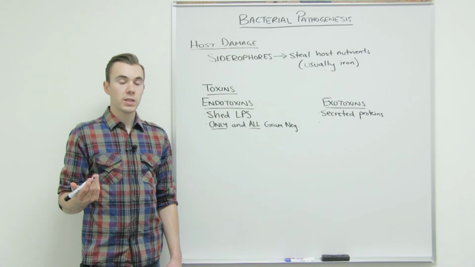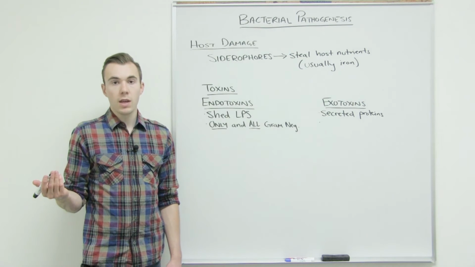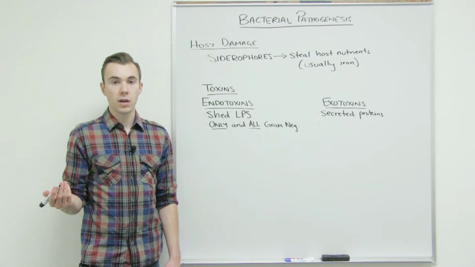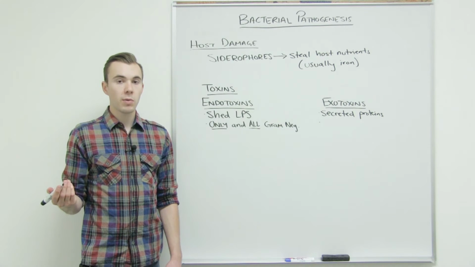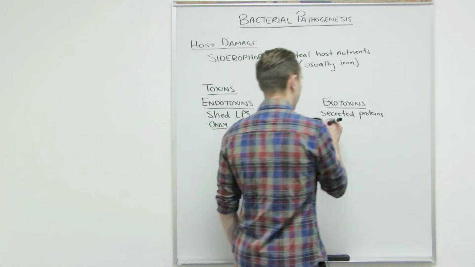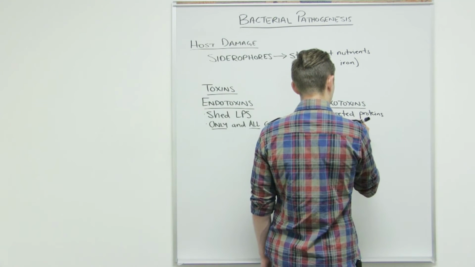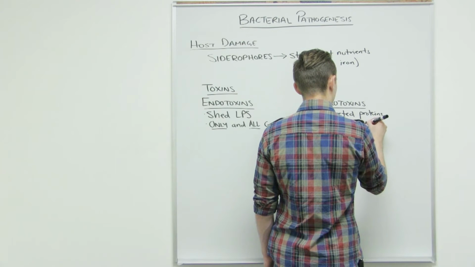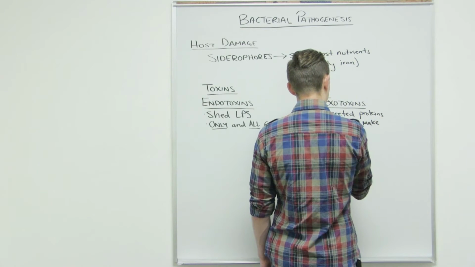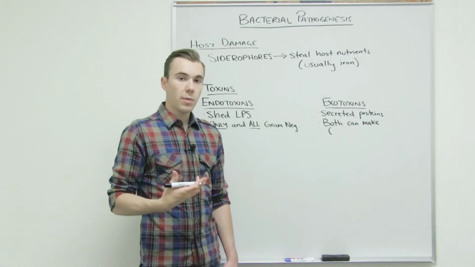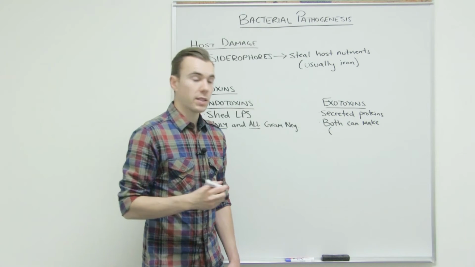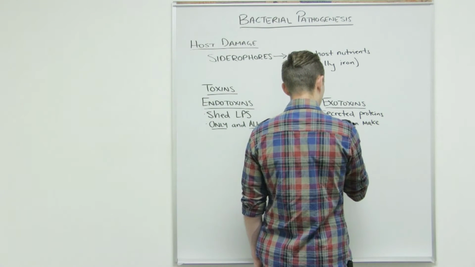That'd be very dangerous, and humans probably wouldn't be existing now if every single bacterial species made a toxin. But it's good to remember that both can make them. Although both can make them, it's usually gram-positive bacteria that do it.